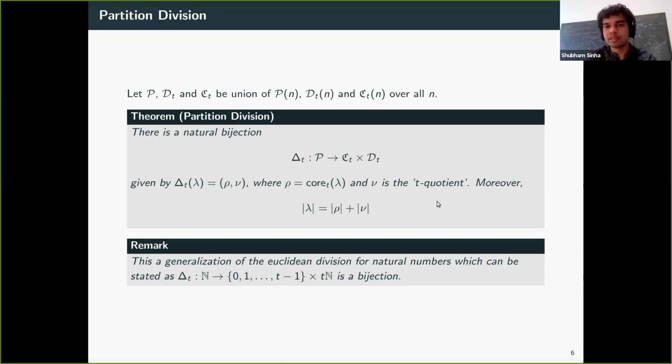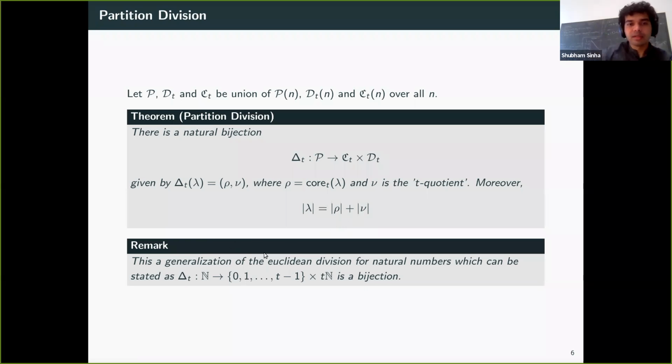So we will go over the definition of this soon, but for the first part of the talk, we may not need it. And this satisfies some consistency with the weights, in the sense that the size of lambda is the same as the size of the core plus the size of the T quotient.